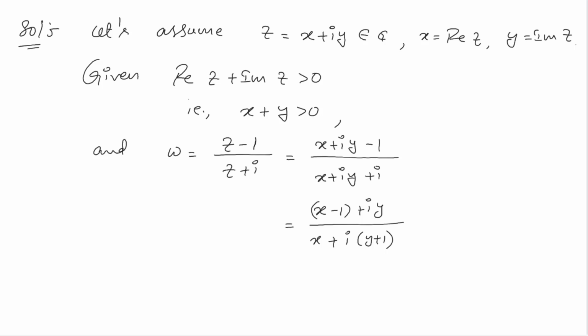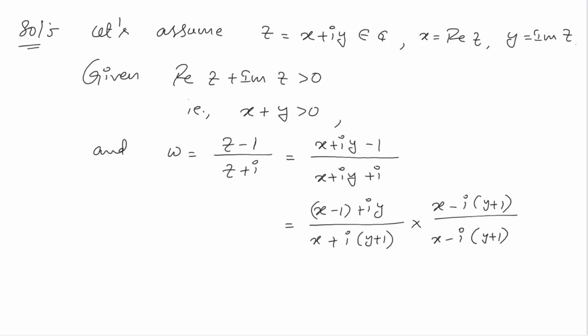So for that, what we do is rationalization. That is, we multiply the numerator and denominator with the conjugate of the denominator. We multiply this expression by (x minus i times (y plus 1)) divided by (x minus i times (y plus 1)).